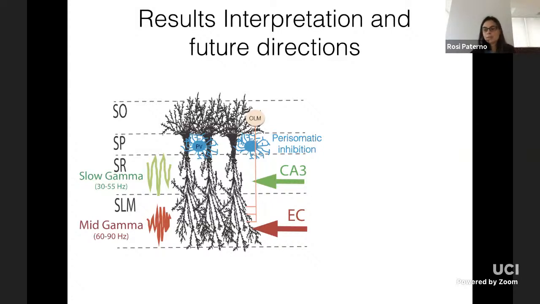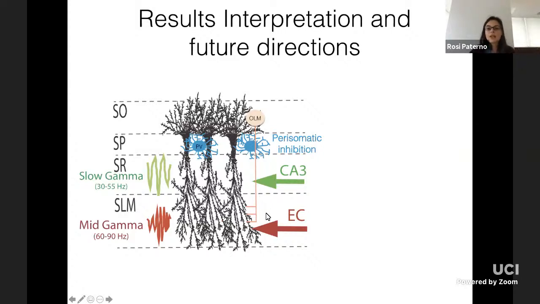Using the entorhinal cortex dual input model, we can see that the input coming from upstream regions, and in particular the strength of the input, which is recorded with mid gamma and slow gamma, depends upon two components: the upstream region, but also the local activity of the CA1 area.